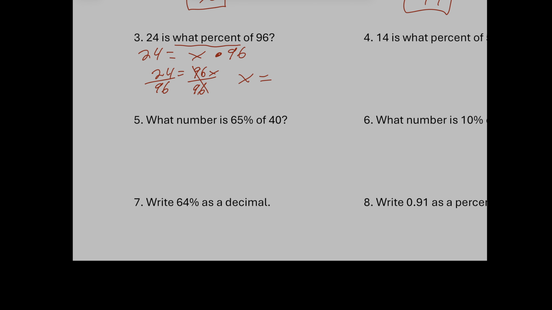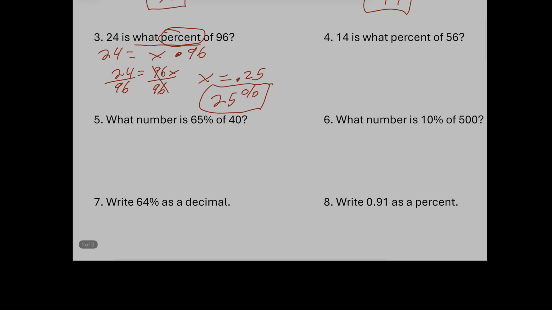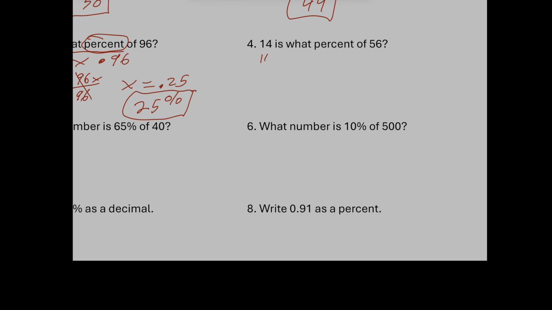Okay, so if I go 24 divided by 96, I'm going to get 0.25. Now that's the math answer, but they want to know the percent answer, so we have to change that to 25%.